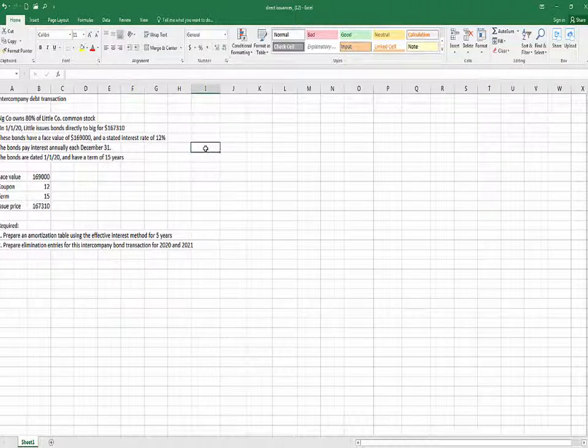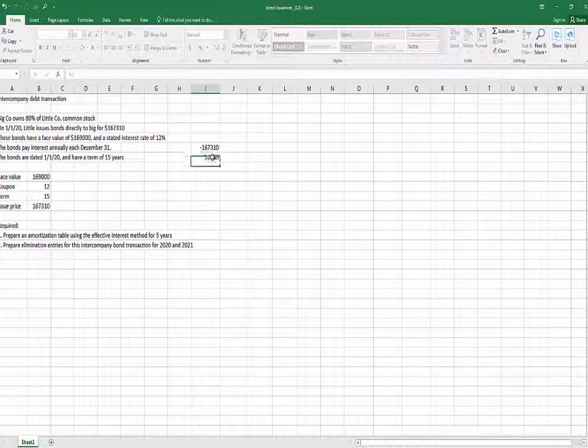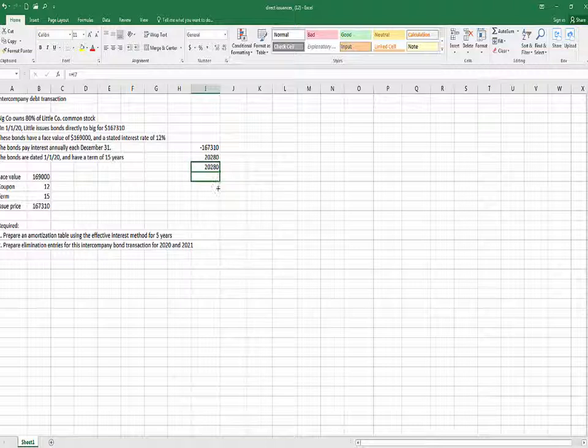So let's go ahead and do our amortization table first, and of course the first step is to figure out what the effective interest rate is. So cash flows, we sold them for $167,310. Our annual interest is going to be 12% of the face value, and that's going to go on for 15 years.